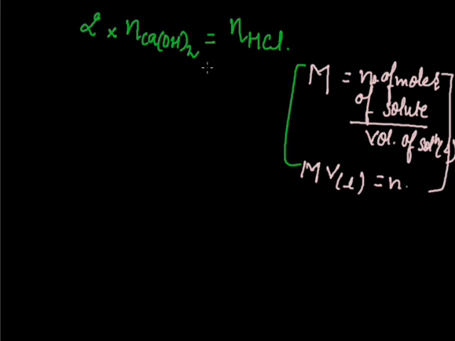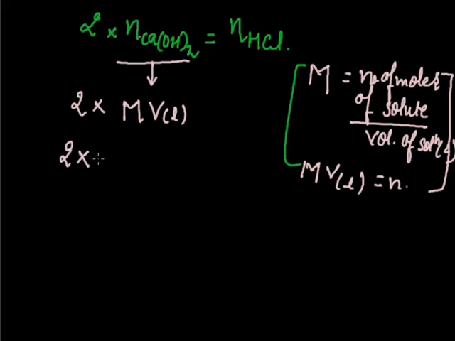So we put the number of moles of Ca(OH)2 as its molarity multiplied by the volume in liters: the molarity is 0.1 and the volume is 30 ml, that is 30 by 1000 liter.